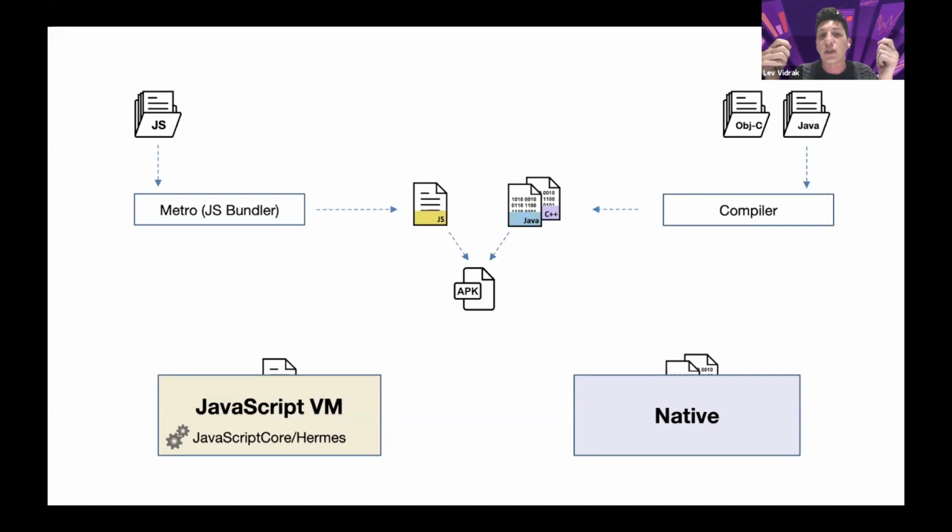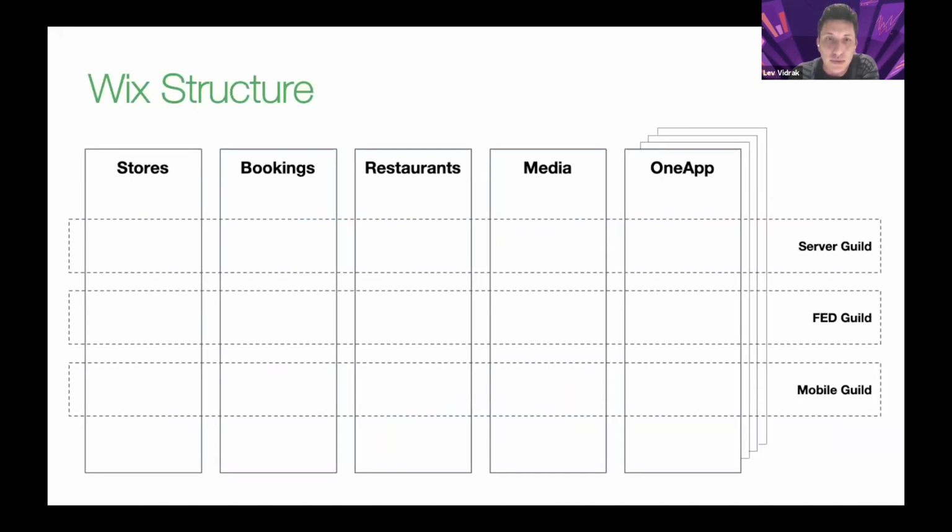And when we work with Hermes, the minified file is a bit different from the file usually used in Chrome or any other browser. So Sentry supports Hermes, which is pretty cool.